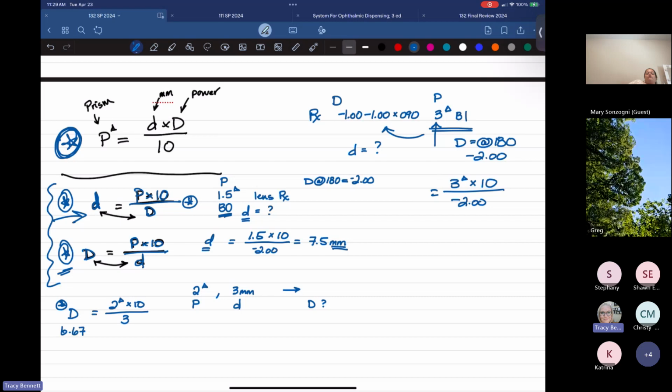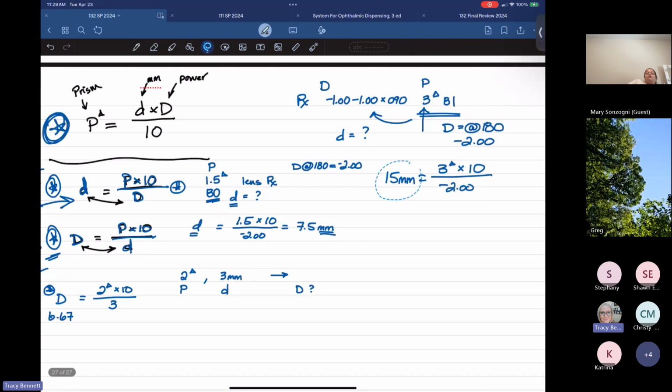So then I have 3 times 10 divided by 2 gives 15 millimeters. 15 millimeters is how far I would need to move this lens to create 3 diopters of prism. I'm going to sketch that out real quick.